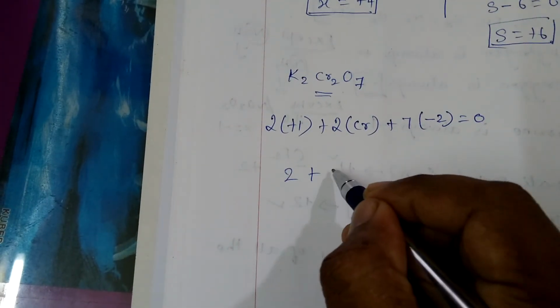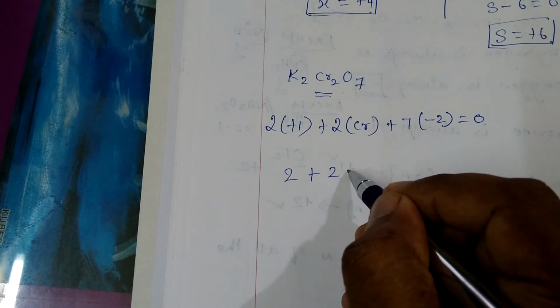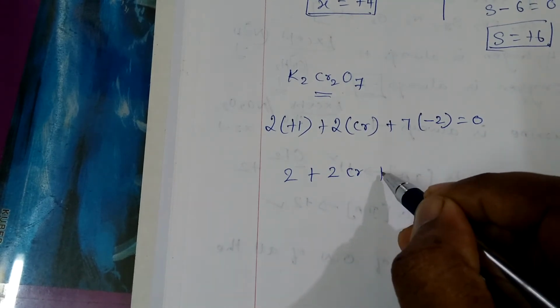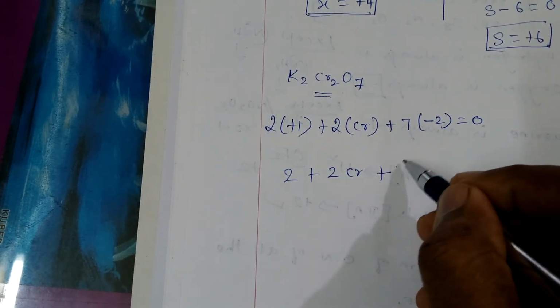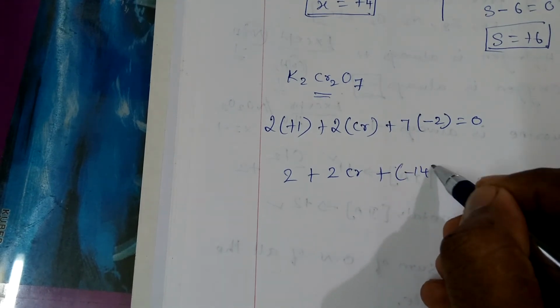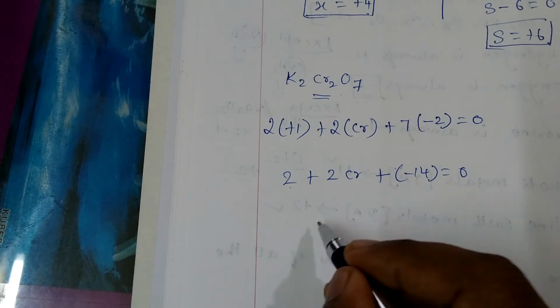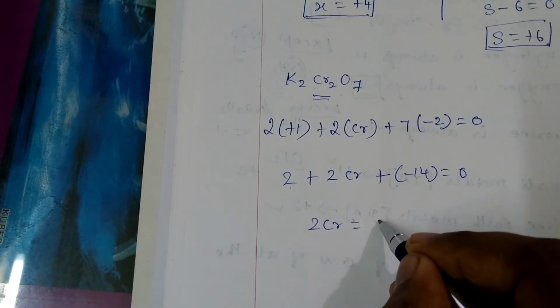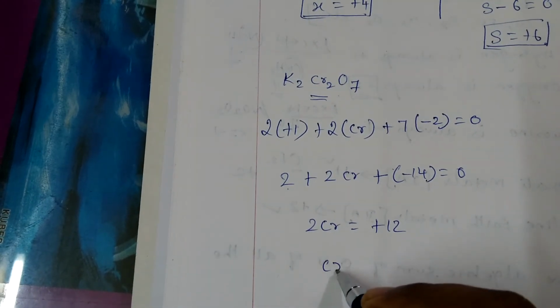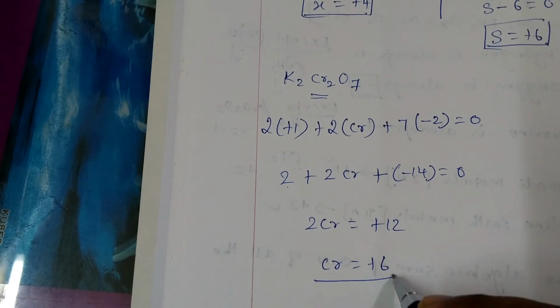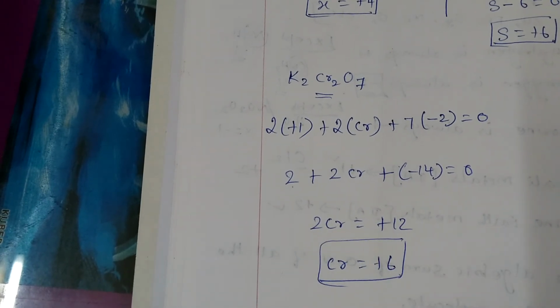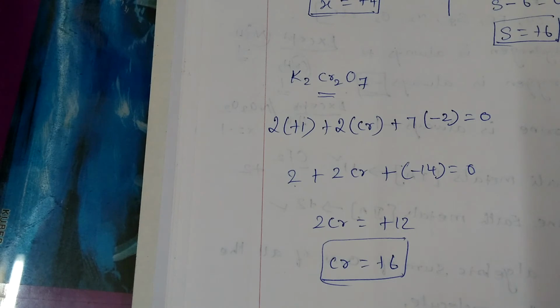So 2 plus 2Cr plus 7 into -2, which is -14, equals 0. So 2 minus 14 is -12, so 2Cr equals +12, so 1 Cr equals +6. The oxidation number of chromium is +6.